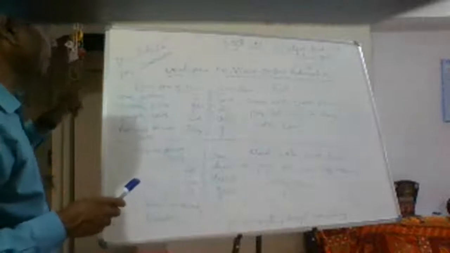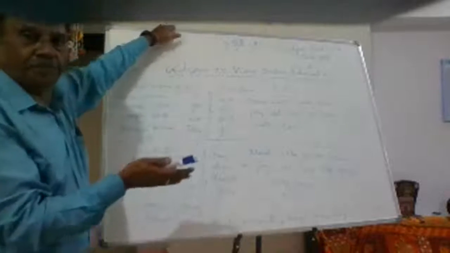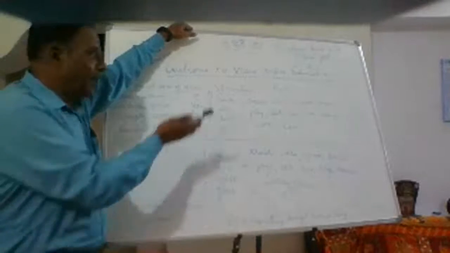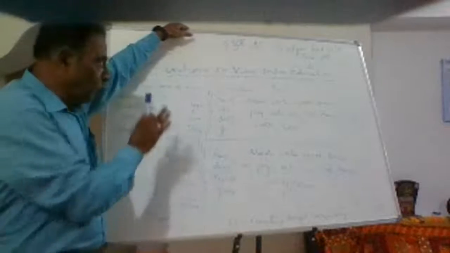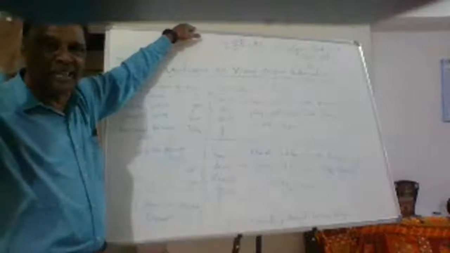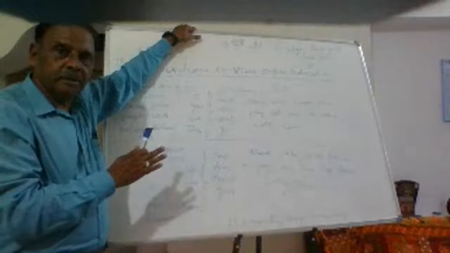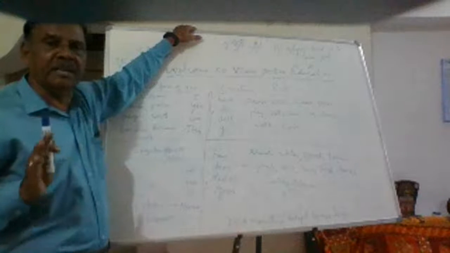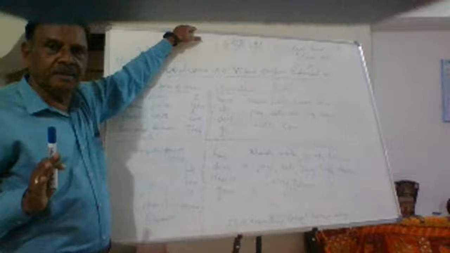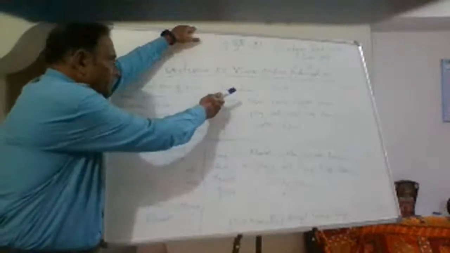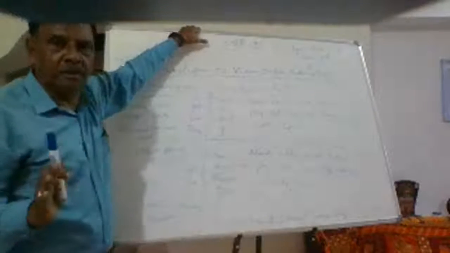I'll explain very clearly. Another 5 minutes will take, not more than that. So this is a structure, and it is also called a rule. You should always get it registered in your brain. Here you should not make even a single mistake. Instead of saying have, if you say has, it is wrong.